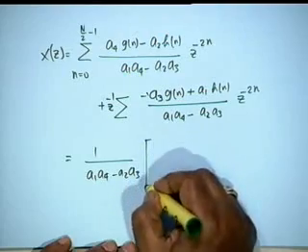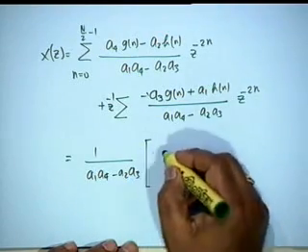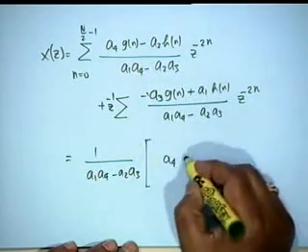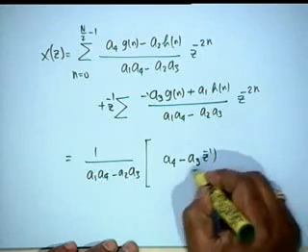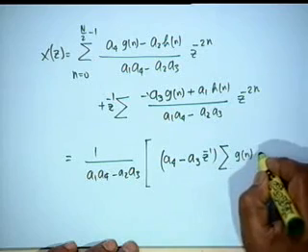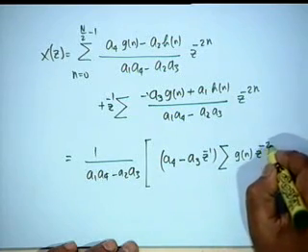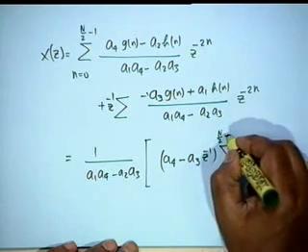We take this out. Then I get A4 minus A3 Z inverse, summation Gn Z to the minus 2n, n equal to 0 to n by 2 minus 1.